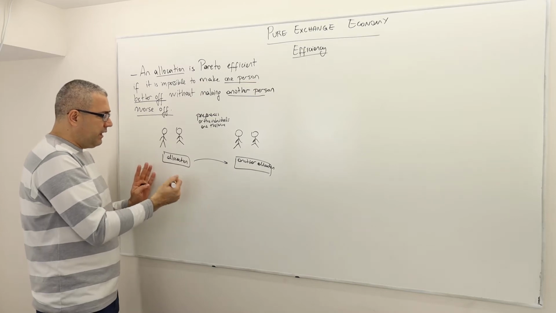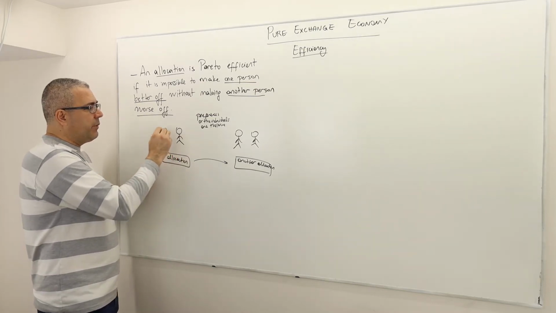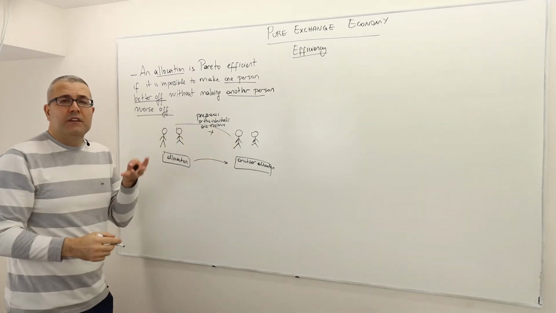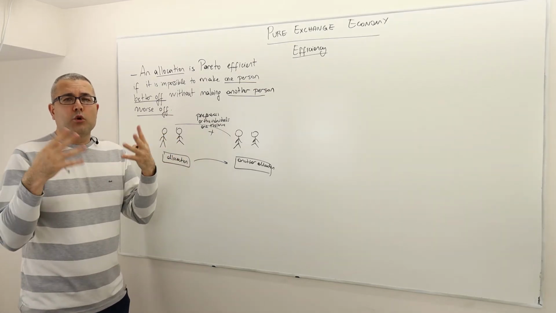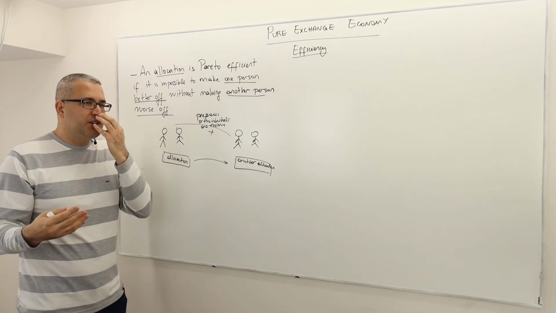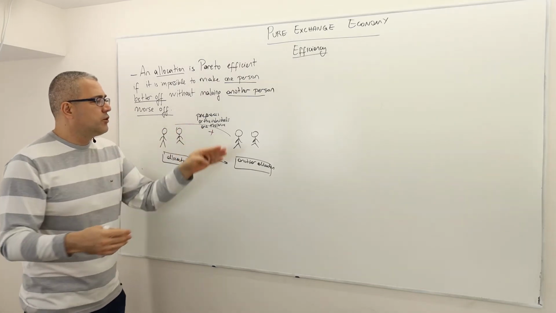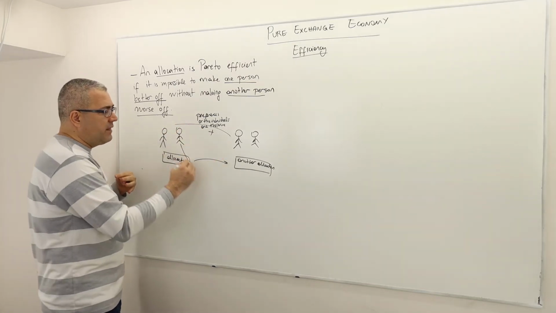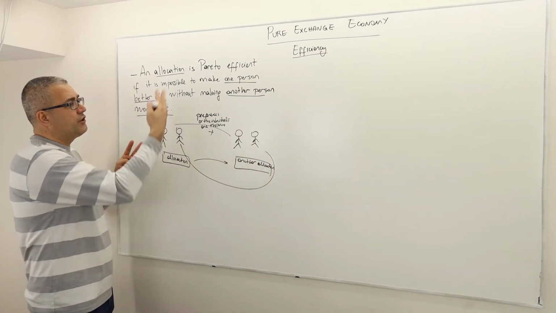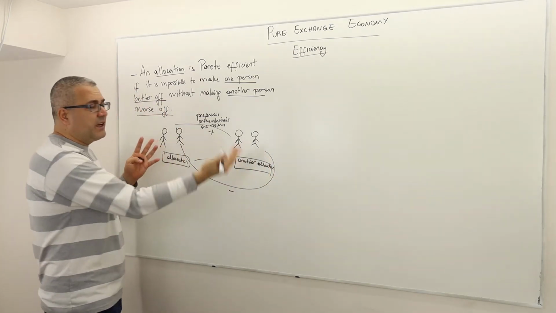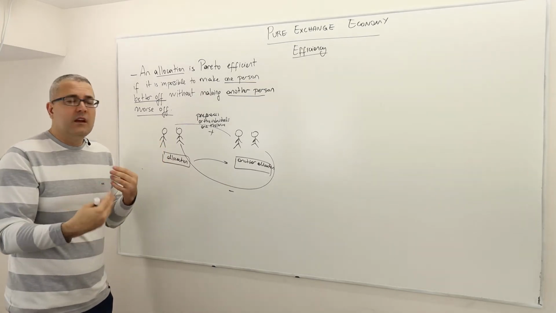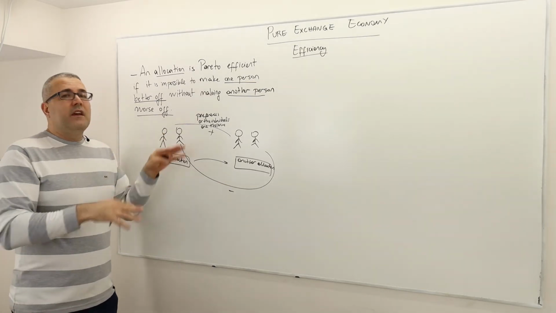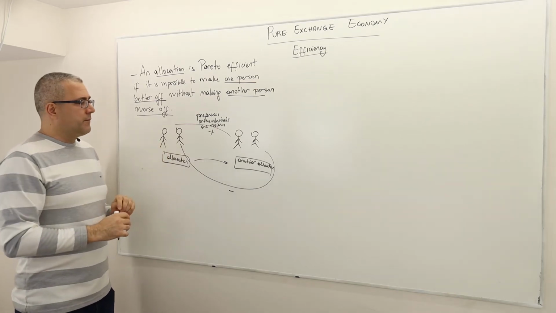If one agent is getting better off, think of the allocation as consumption goods, so agent one is getting more goods, then that means, if this allocation is efficient, the second agent is getting fewer goods. Very intuitively, you can think of it this way.